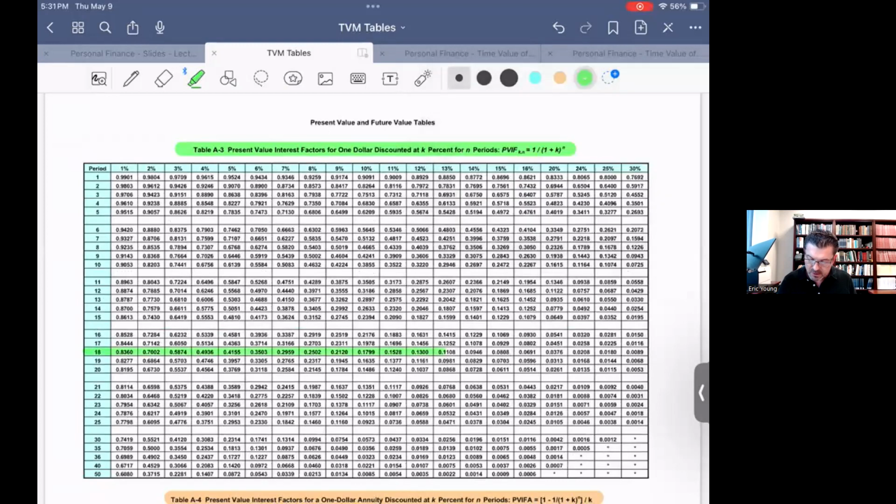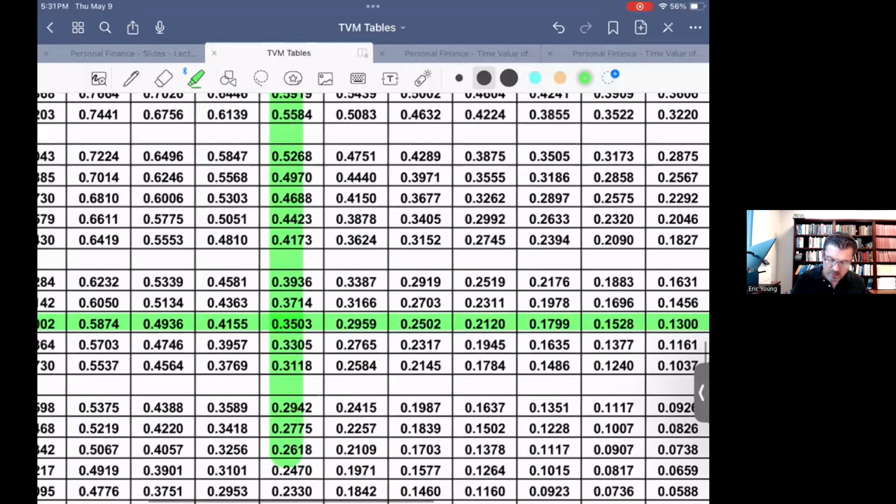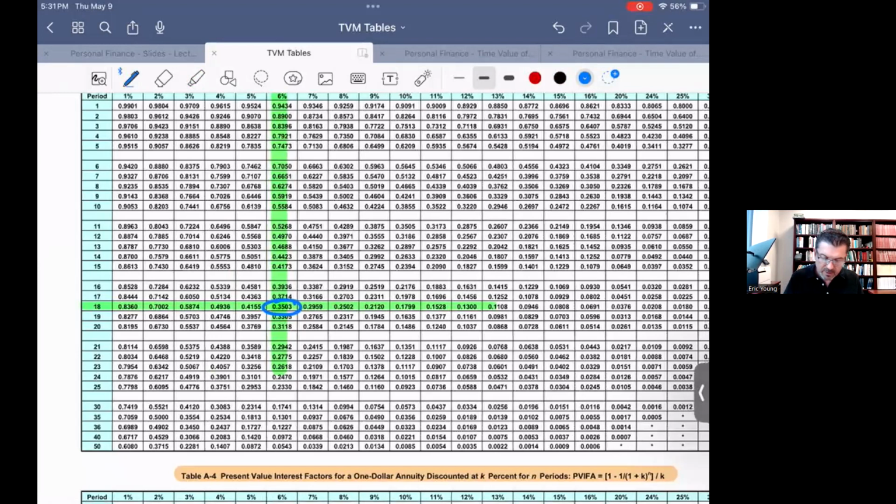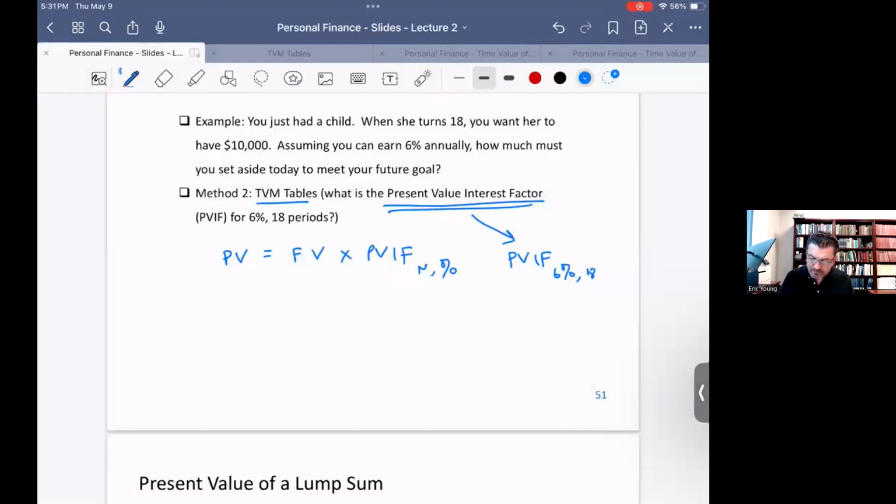So let's also find 6% and drop that down. And look at that little magic number right there where they intersect. 0.3503. That is the present value interest factor, 6% 18.